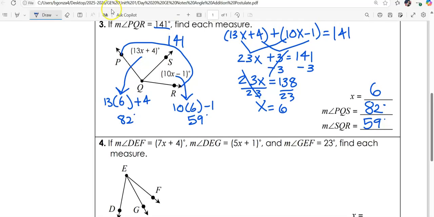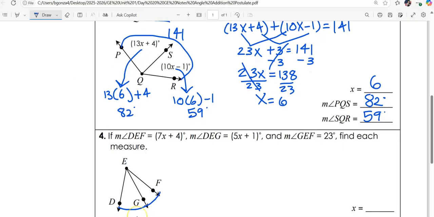Okay, on number 4, it says DEF is 7x plus 4. Is DEF the part, or the whole? What do you think? Yeah, DEF is the whole thing because it goes all the way across. So this whole thing is 7x plus 4.